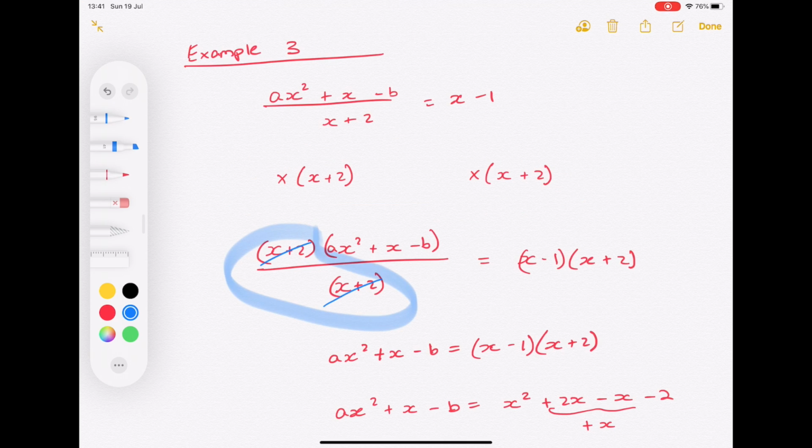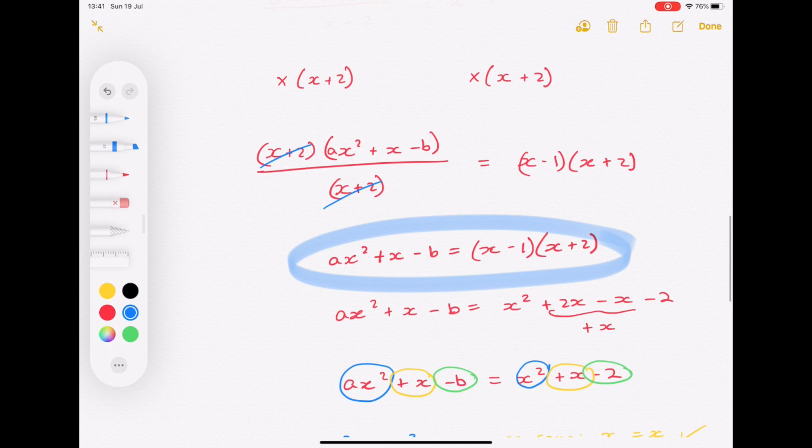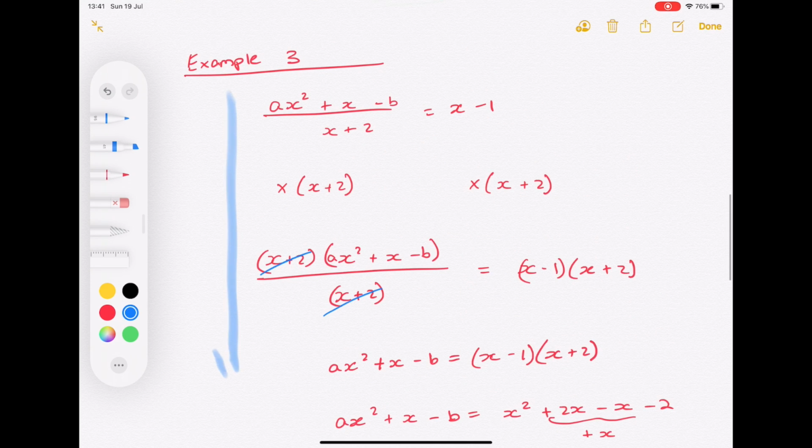And you can see the cancellation here. And then here, we are back to the same level the other questions were. So nothing new from here on. There's nothing really new. It's this section which makes this a harder question.